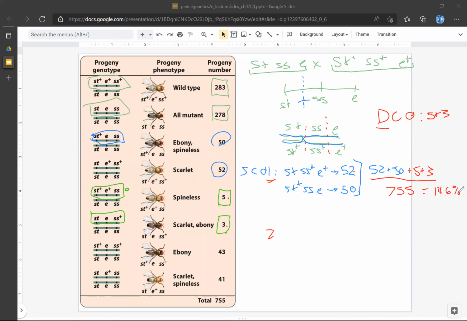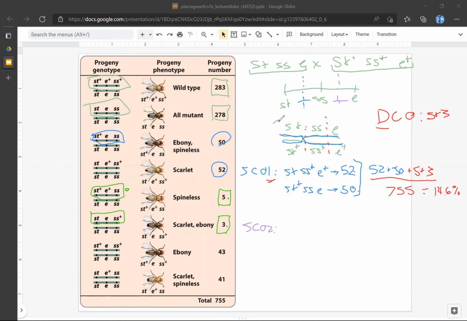And so now we can investigate. We also have single crossover 2, or crossing over at this second locus between the SS gene and the E gene.